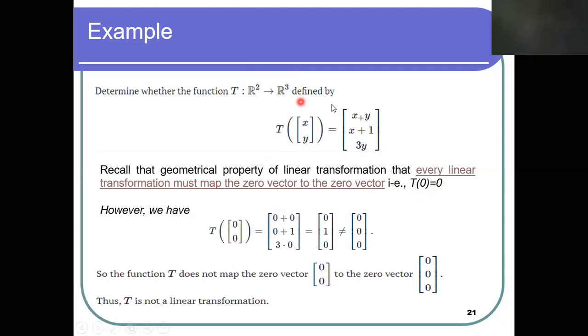Have a look at this transformation. This is a transformation from two-dimensional to three-dimensional. It takes two inputs and maps to three outputs. If you put (0, 0) as the origin of R2, I don't get the origin of R3. It means the given transformation is not a linear transformation.